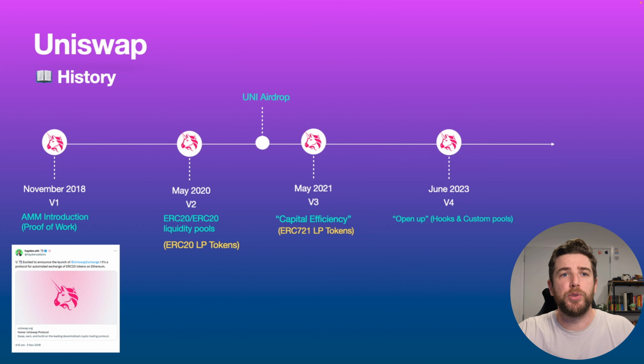Just for you to be aware, in June 2023 they announced Uniswap V4, which is kind of open. They want to create different hooks and custom pools, so you can add your own logic to these pools, start customizing them, and create different products on top.